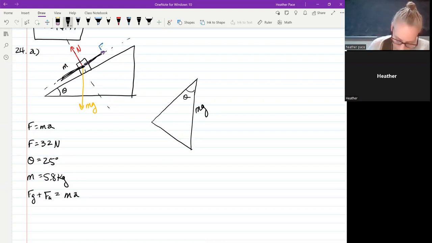If you look at our little diagram, let's call this angle alpha. So theta plus alpha is going to be 90, because this is a 90-degree triangle and triangles have 180. So these two are going to be 90.